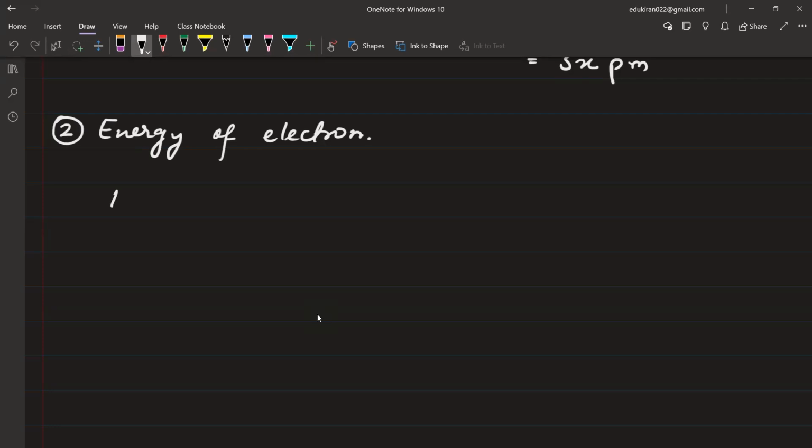Okay, the energy of electron is equal to -13.6 into Z square divided by n square. This will be in electron volts per atom.